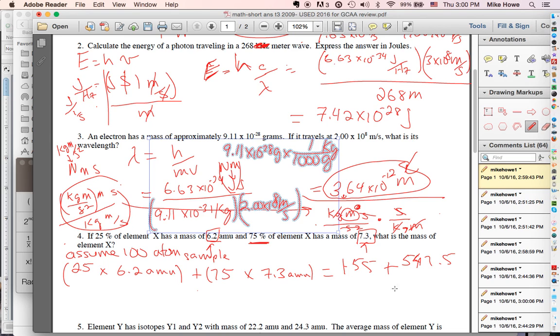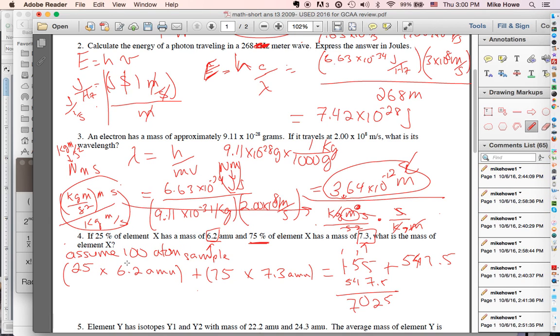So now if I add those together, 155 and 547.5, I get 702.5. So what would I need to divide by? Would I divide by 2, or would I divide by the size of my sample, which was how many atoms? 100 atom sample.